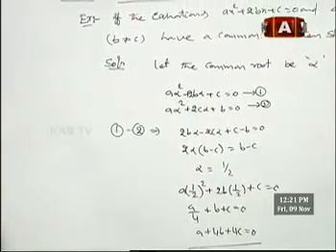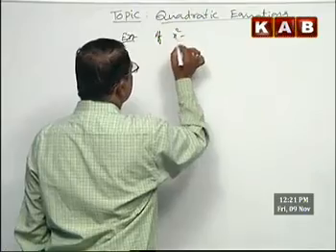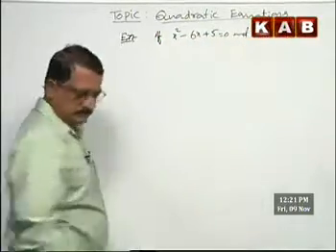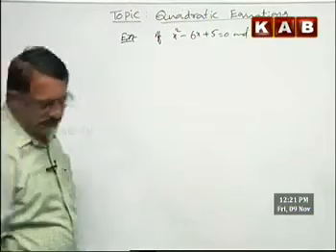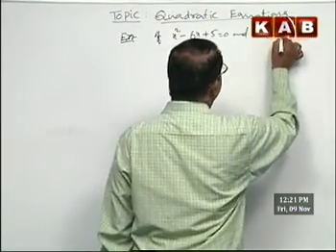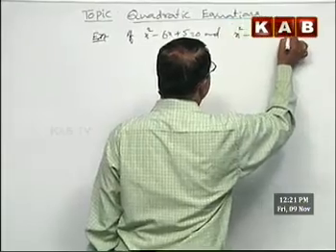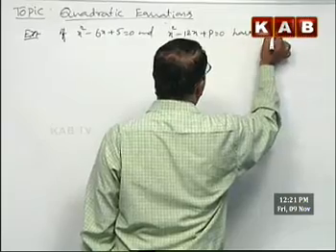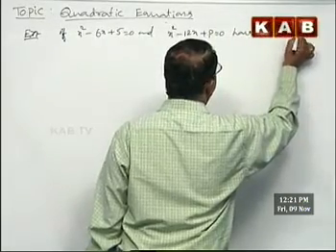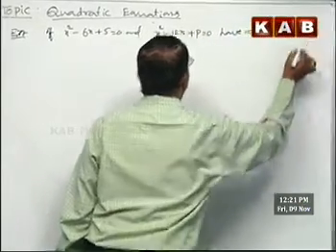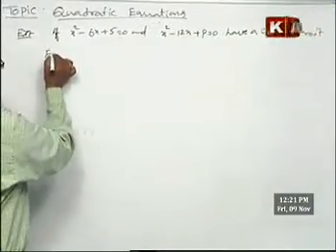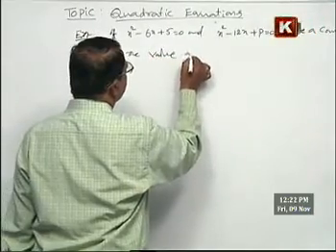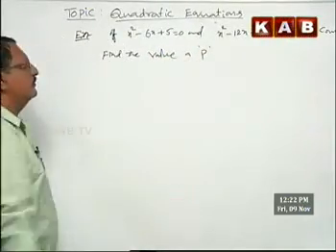Next example, if x square minus 6x plus 5 equals 0 and x square minus 12x plus p equals 0 have a common root, find the value of p.